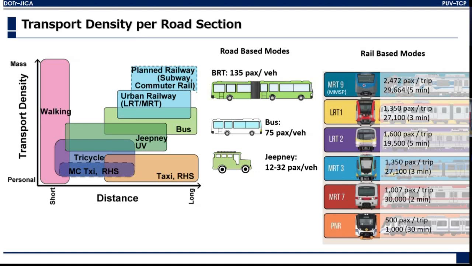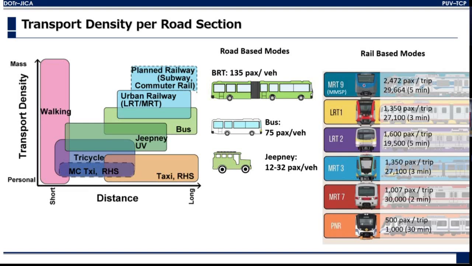And this is the railway modes. According to some statistics, the capacities of the railway transport mode in your cities are compared. Compared with Japan, in Metro Manila the capacity standard is very dangerous. This capacity is the official one.